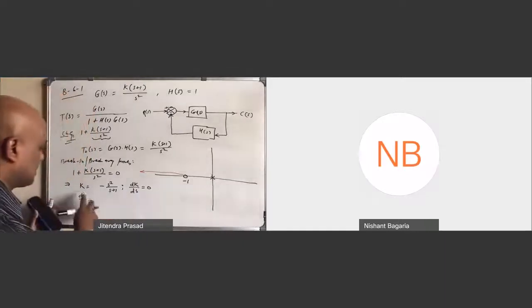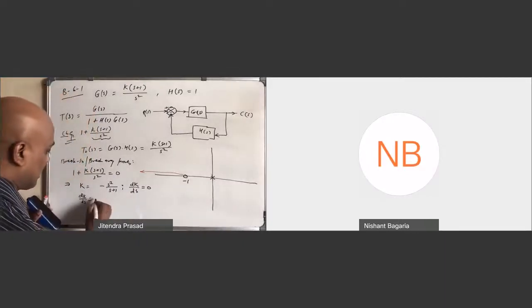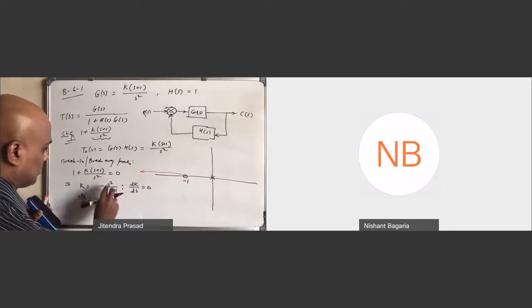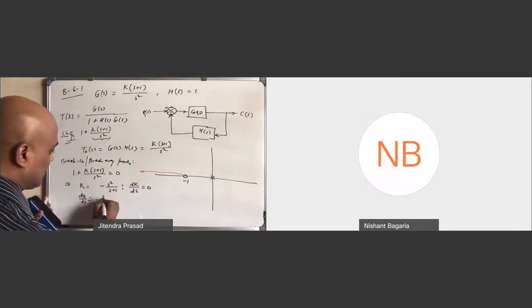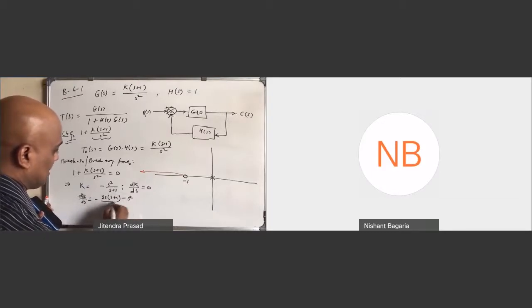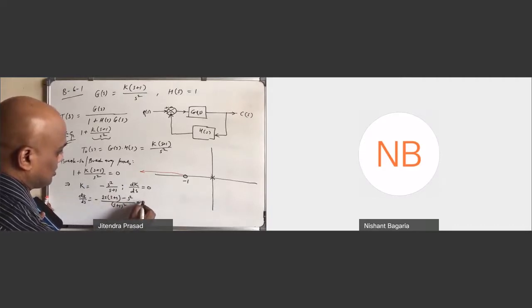Okay, so dk over ds you get minus 2s times s plus 1 minus s square, divided by s plus 1 square, equal to 0.